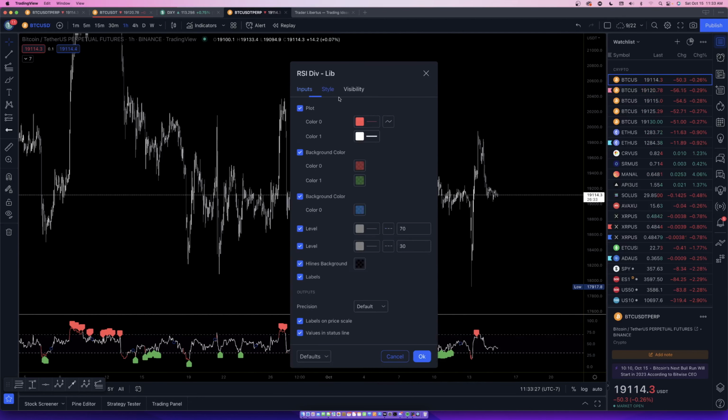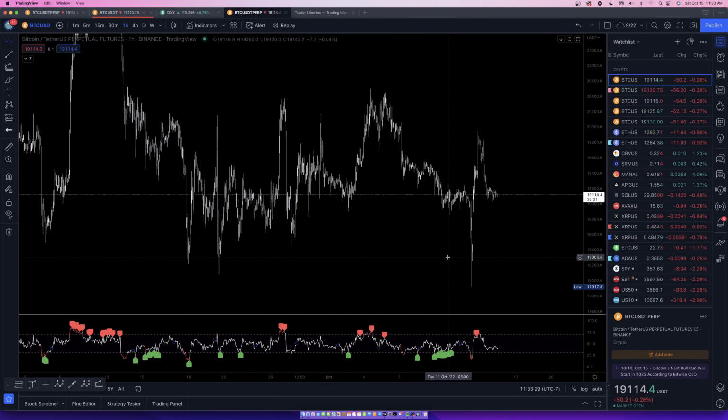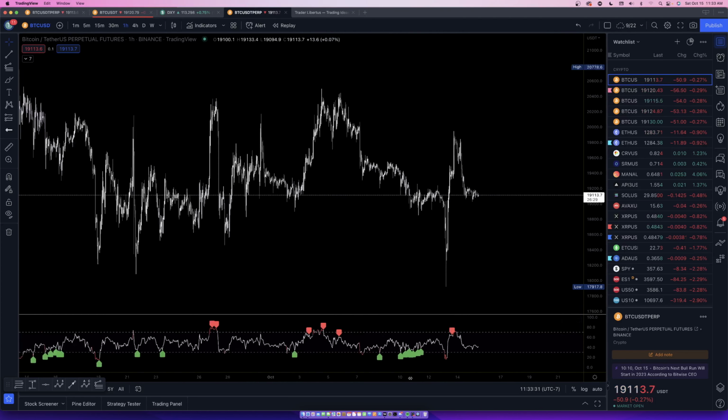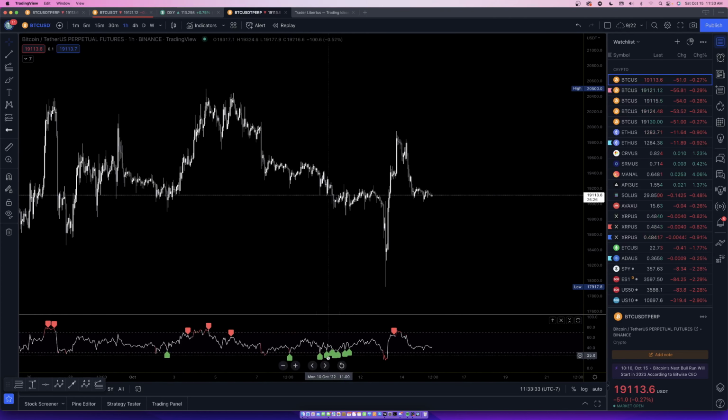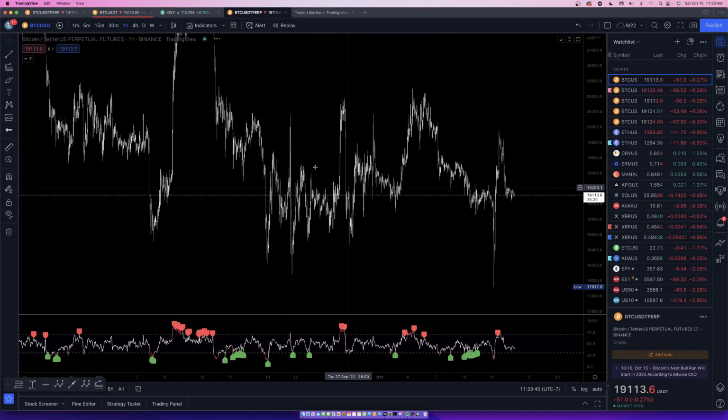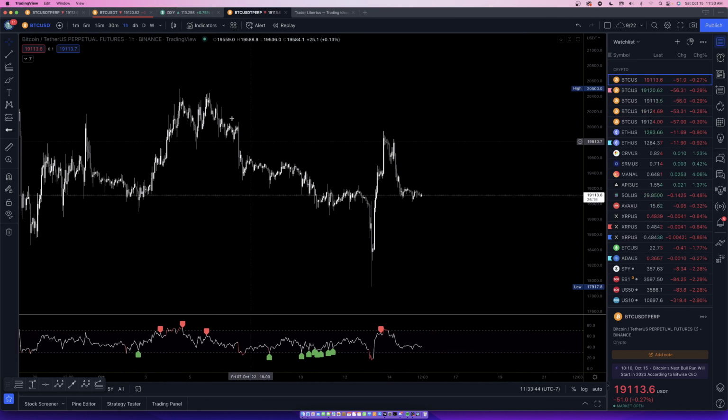So I don't need this, but I really like using this just because it tells me, hey, bullish divergence, bullish divergence, bullish divergence. Like, it just tells me immediately when I open my TradingView in the morning, hey, did we get a bullish divergence overnight? Like, what happened, right?